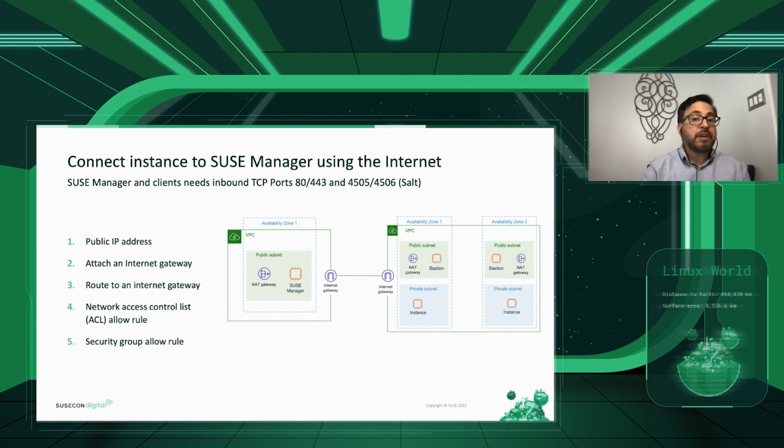Now, SUSE Manager can be in the public subnet and have an elastic IP or EIP address to connect to the other accounts. And each of the accounts will need an internet gateway, which enables internet traffic. It will require the correct routing table entry for traffic to the internet gateway. And of course, you need the proper NACLs and security group entries required for the SUSE Manager and client connection.